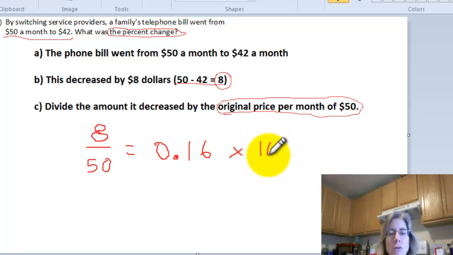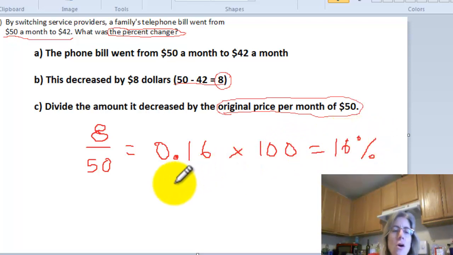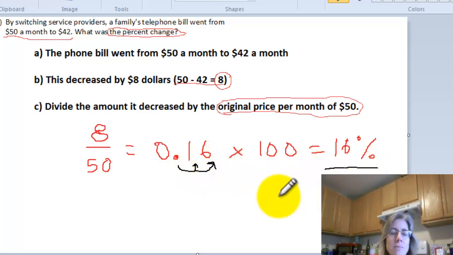That's what you're really doing. But the fast way, and that gives you 16%, is you're always moving the decimal to the right 2 places. That's what you're really doing to get that 16%.